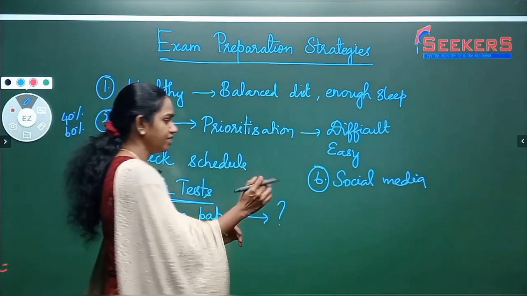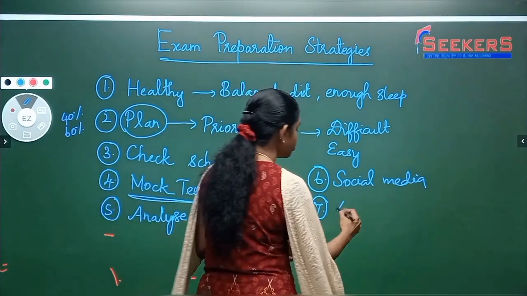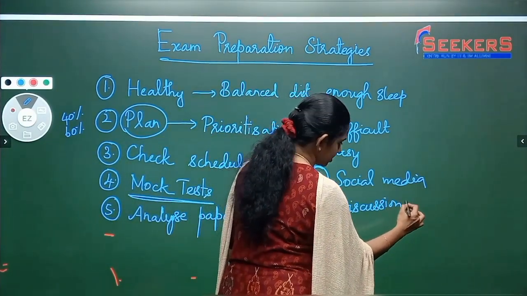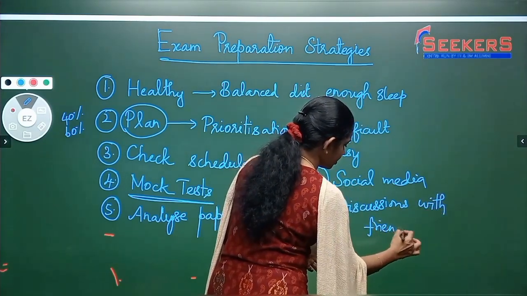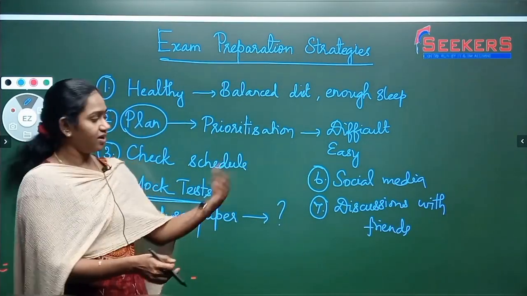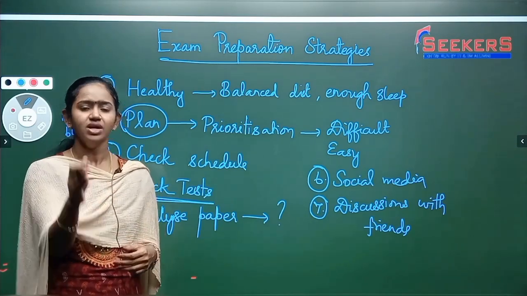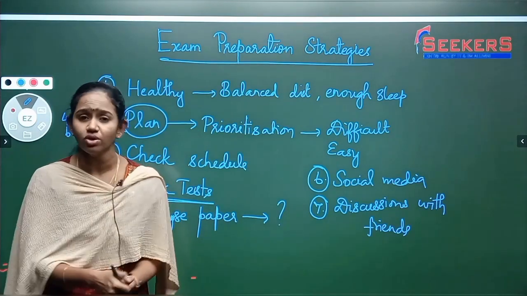And also try avoiding discussions with your friends. Suppose you are working on a concept and you are not getting the answer to some questions. Rather than calling your friend immediately or searching the internet so that you get your answer immediately, the thing is, you will not know till the end how to solve that question or that problem.